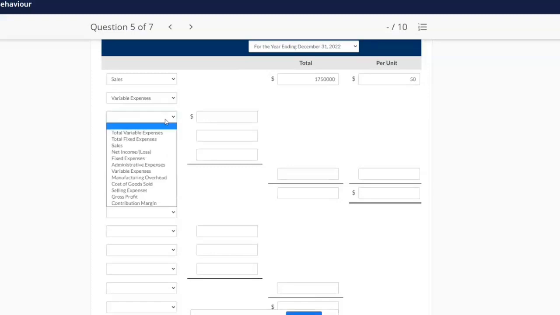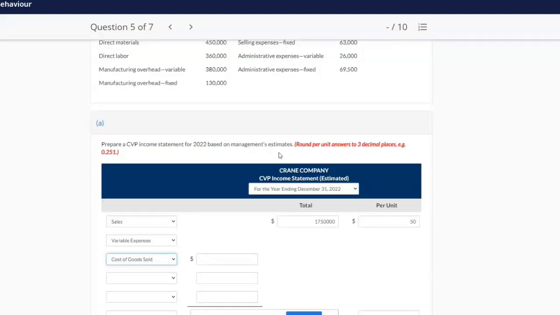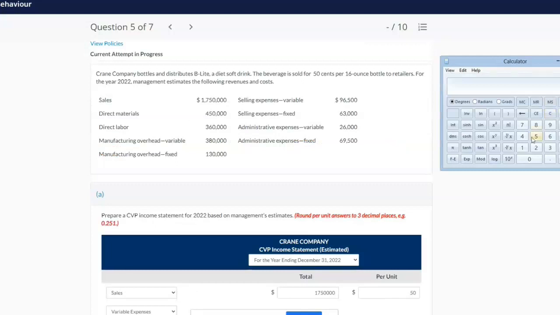You add those three. Variable expense here, yes, because this is the category of all the expenses. So cost of goods sold. We go here and we take direct material.